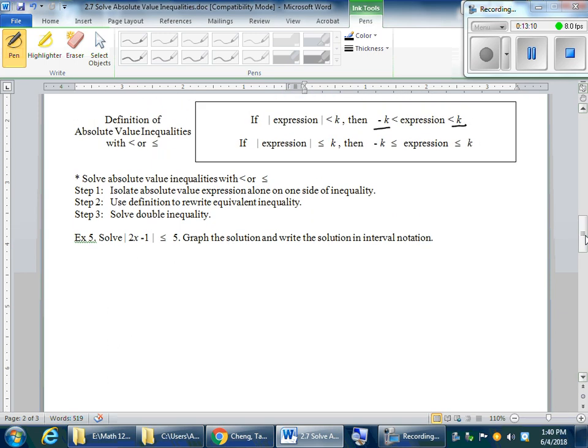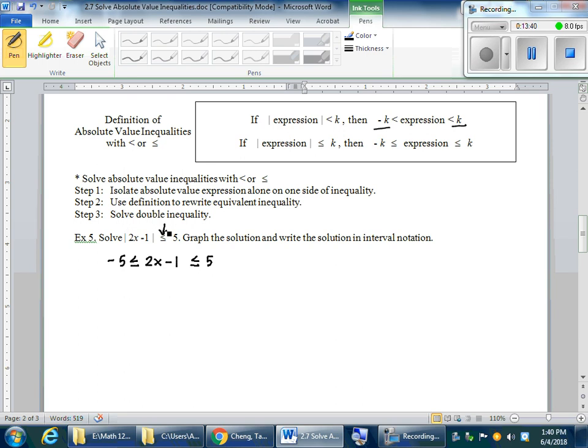The statement says that this expression 2x minus 1 will be in between 5 and negative 5 when the inequality is less than. Right? That's important.